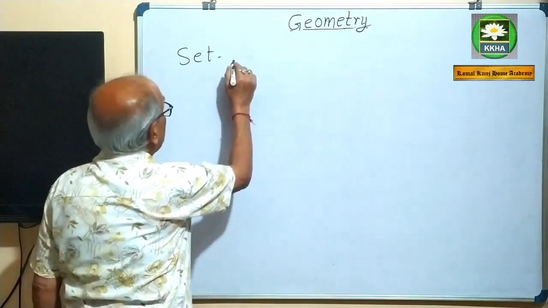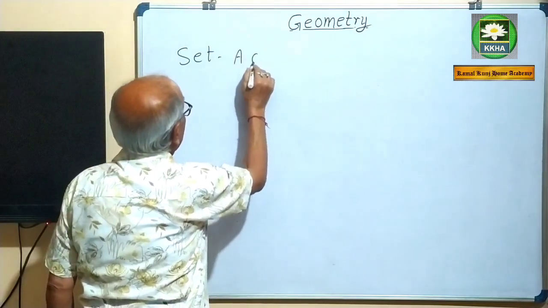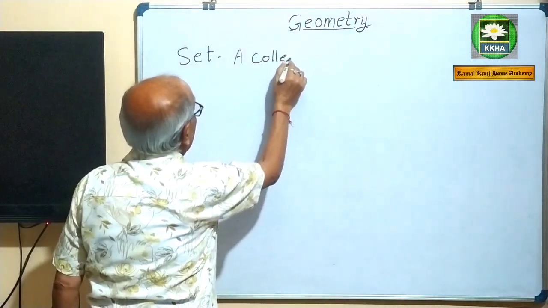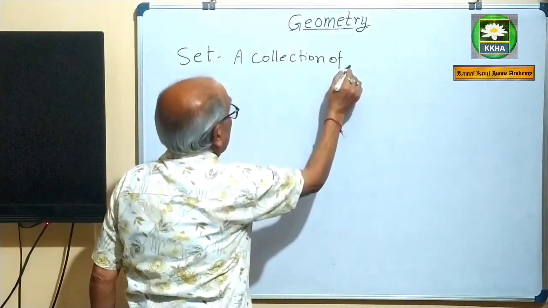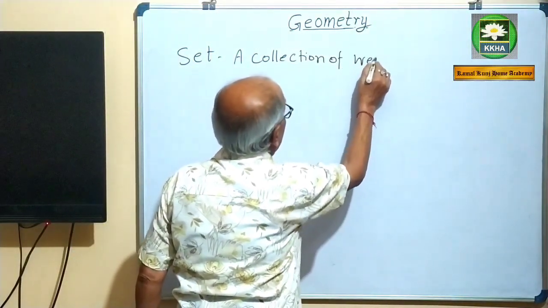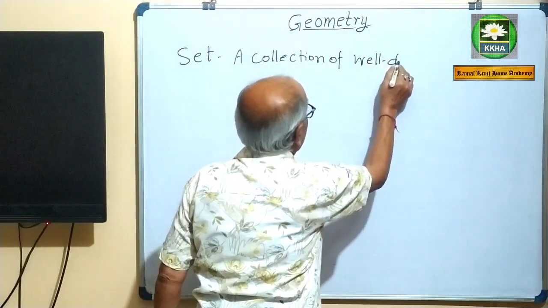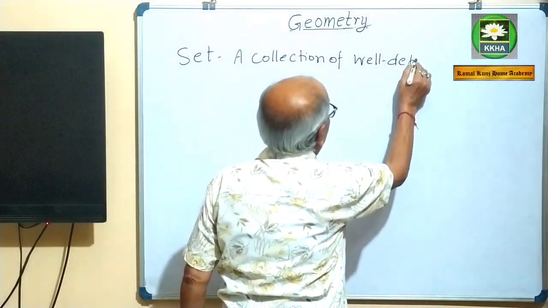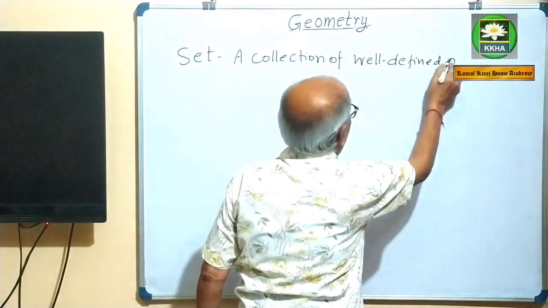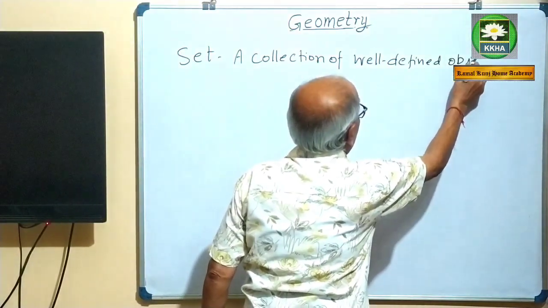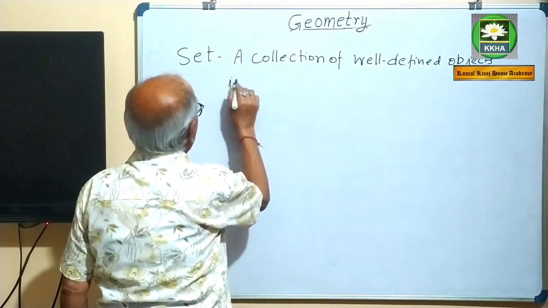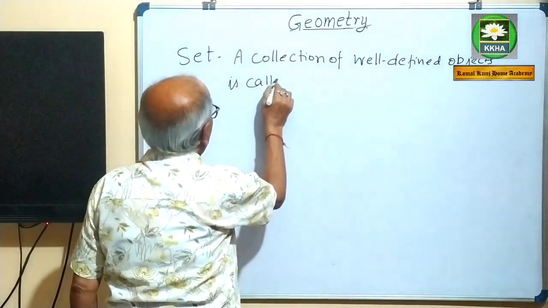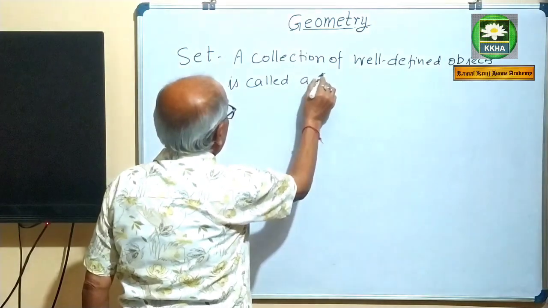A collection of well defined objects is called a set.